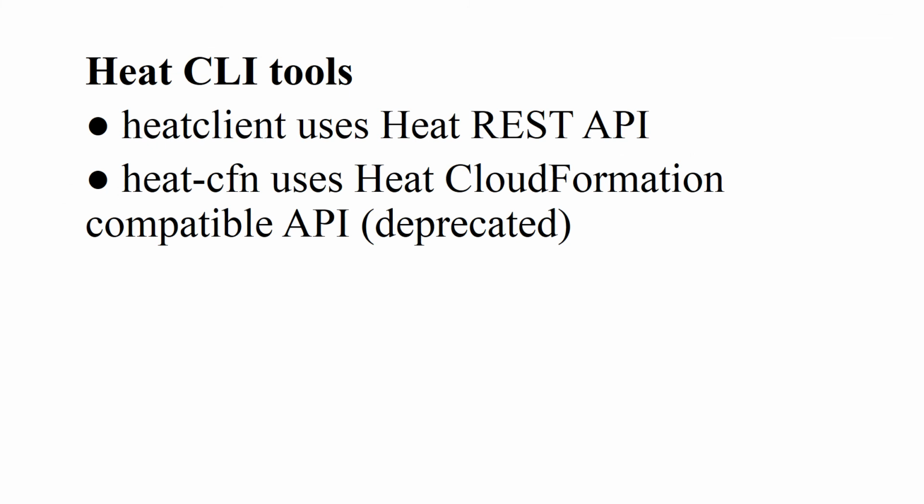What is the role of Heat CLI tools? The Heat client uses Heat REST API, and Heat CFN uses Heat Cloud Formation compatible API, which is deprecated. The tools play a major role in connectivity to the users.